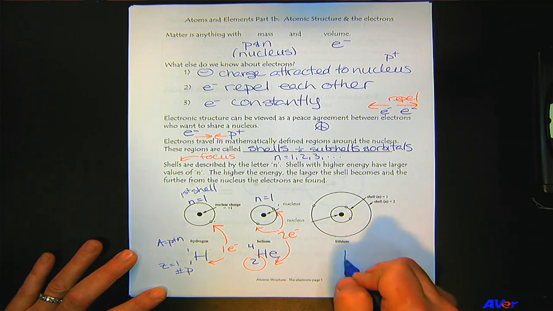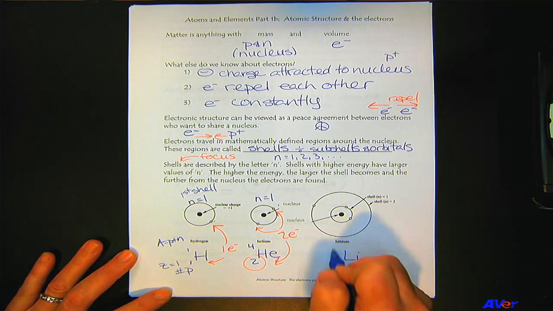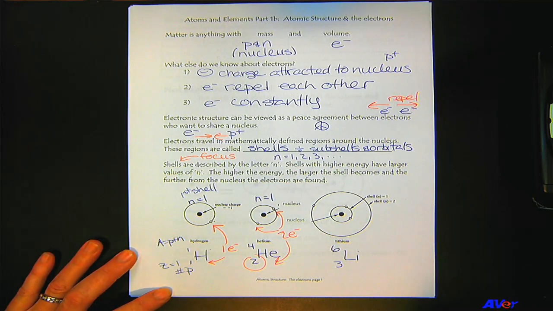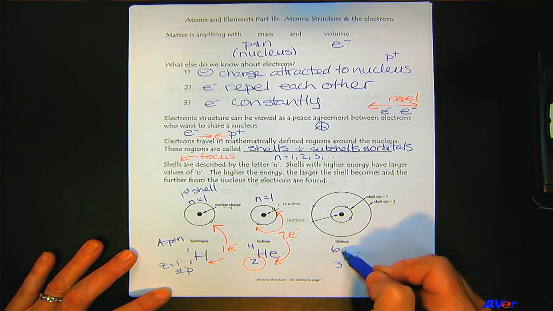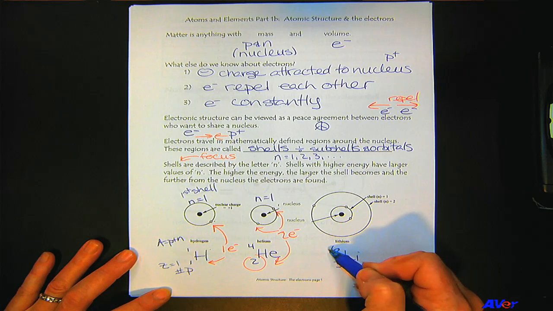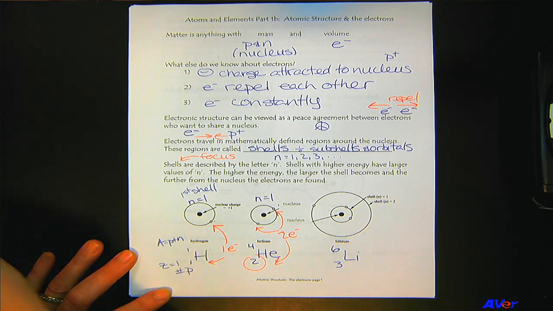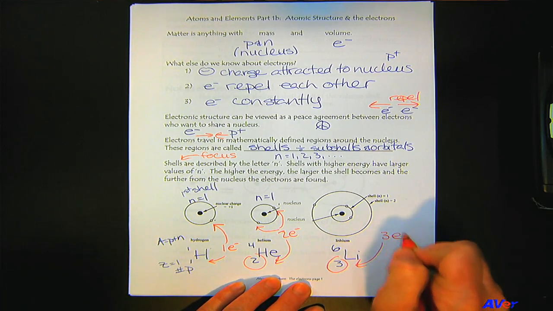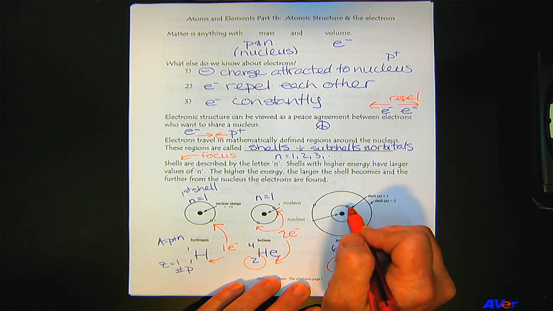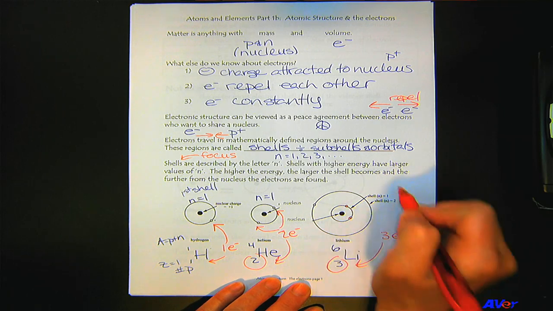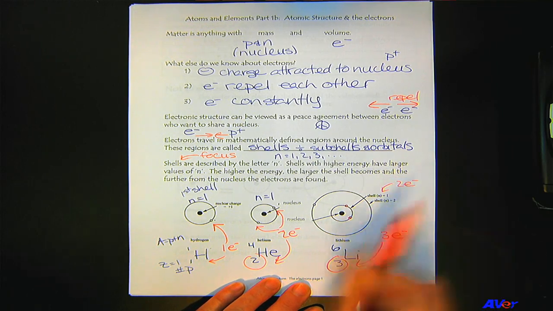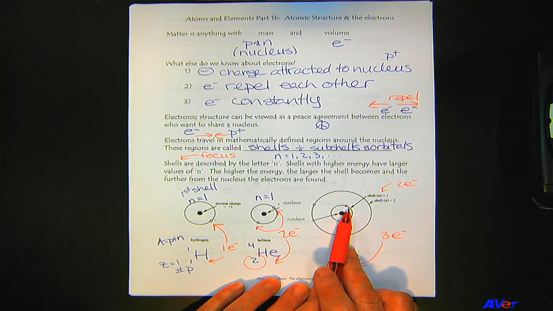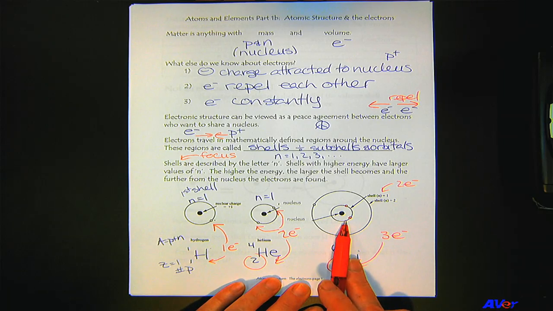Now, when we get to lithium, though, we have a larger atom, and this isotope of lithium would have 3 neutrons with the 3 protons. All right, so now we see once again, this time we have 3 electrons. So notice that the first 2 electrons go into the first shell, but now this shell is full.